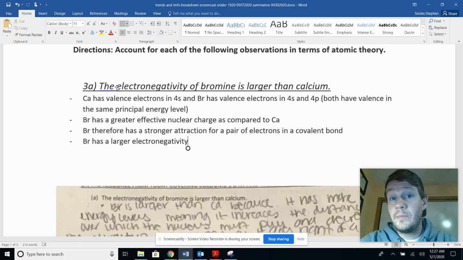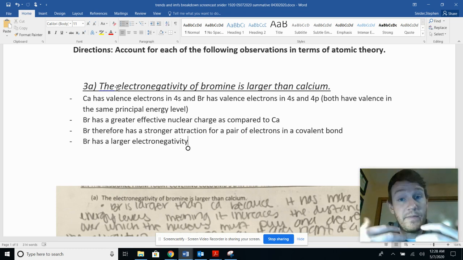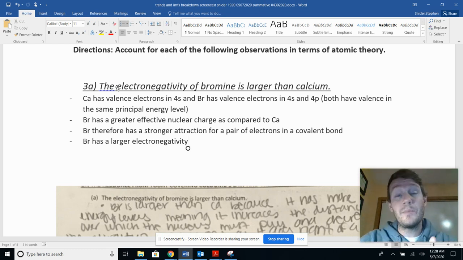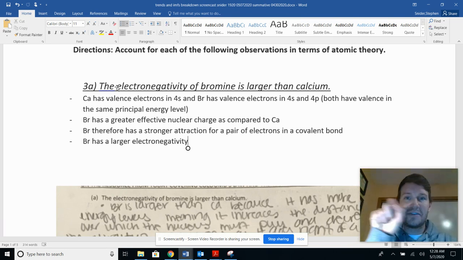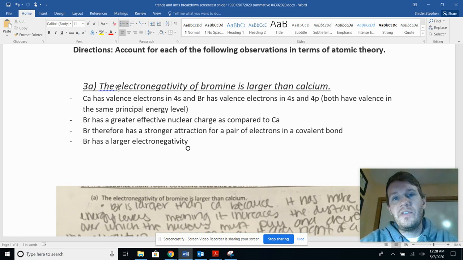Either they're going to be in the same period, the same row, which means their valence electrons are in the same principal energy level. So what we need to key in on is their effective nuclear charge, right? So any two elements in the same period going left to right on the periodic table, we're focusing on the difference in nuclear charge, or effective nuclear charge, since their valence electrons are in the exact same principal energy level.